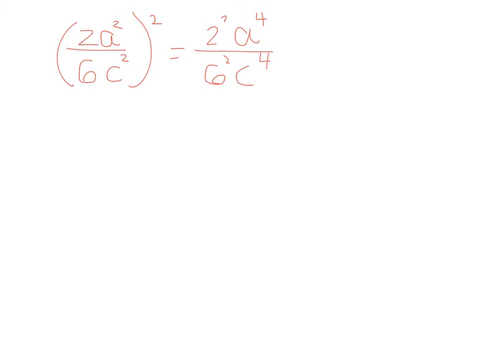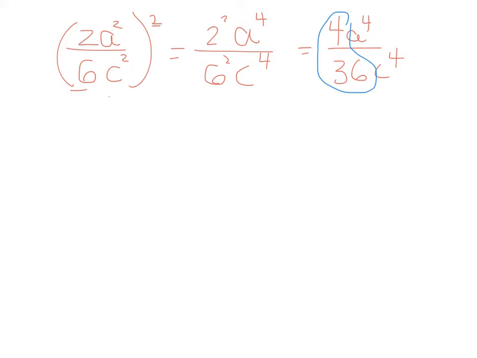So just remember that everything inside the parentheses, treat everything separately, and it all goes to the second power. So this now gives me 4a to the fourth over 36 c to the fourth. Now, this 4 over 36 is a fraction that can be simplified.